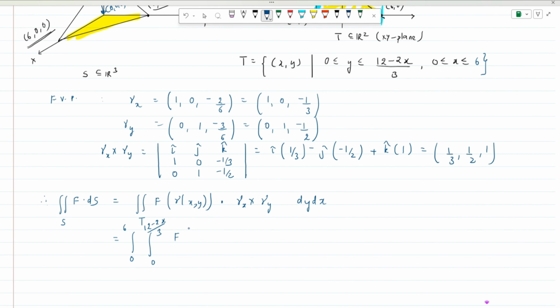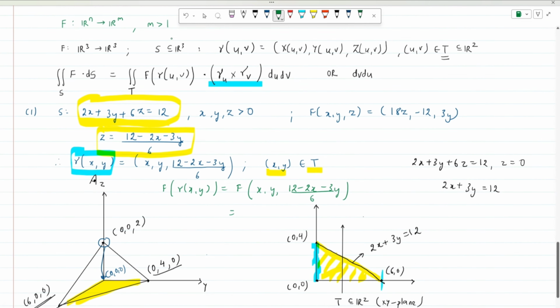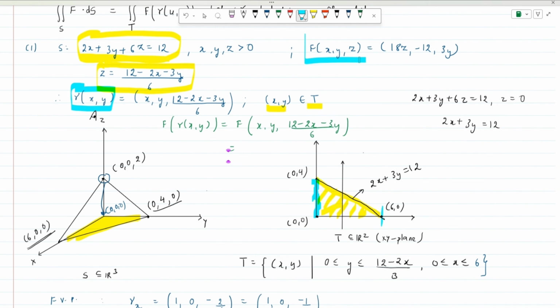Now we have to apply f on gamma of xy. So f applied on gamma of xy is going to be f applied on x, y, (12 minus 2x minus 3y) over 6. And as per the definition of f, this is going to be 18z.